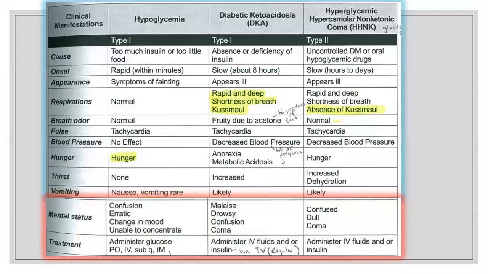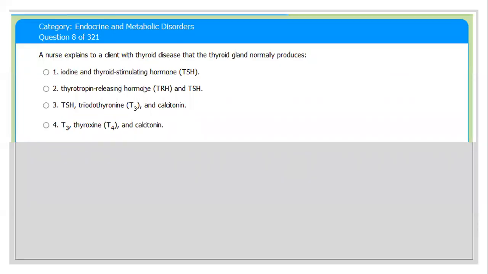Now question 2: A nurse explains to a client with thyroid disease that the thyroid gland normally produces which of the following? Out of 4, number 1, iodine and thyroid stimulating hormone, shortly called TSH.